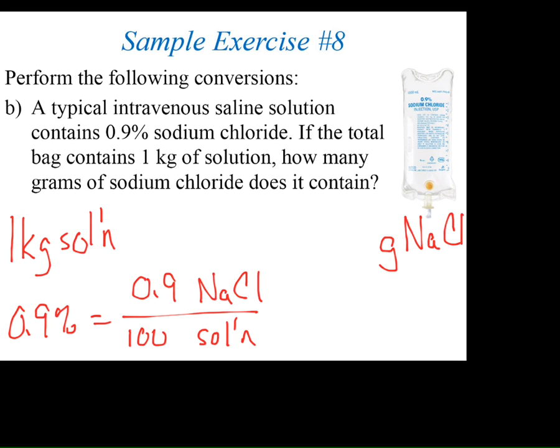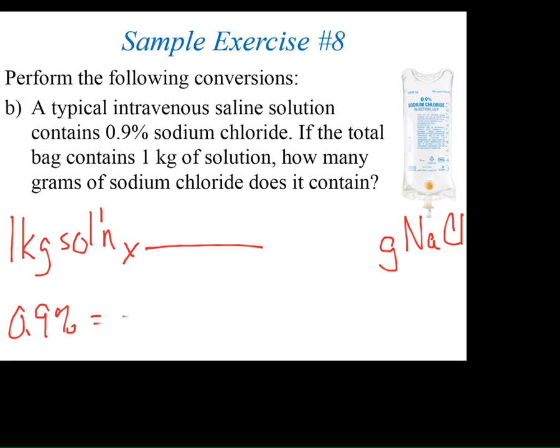So let's do it first with the percentage here. I'm going to do a little erasing just to make room. If I want kilograms of solution on the bottom, then I'm going to have kilograms of sodium chloride on top. So for every 100, I've got 0.9.